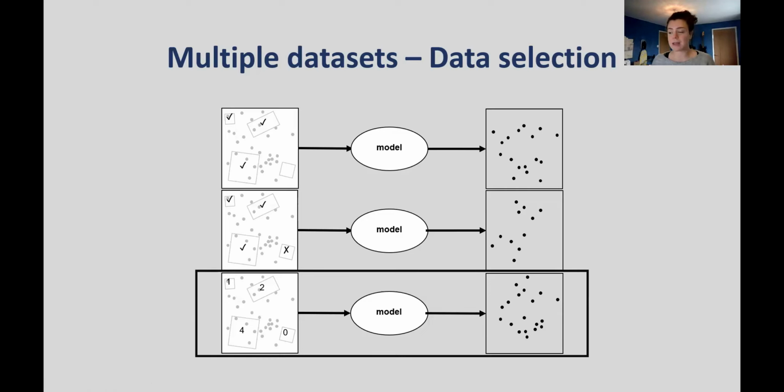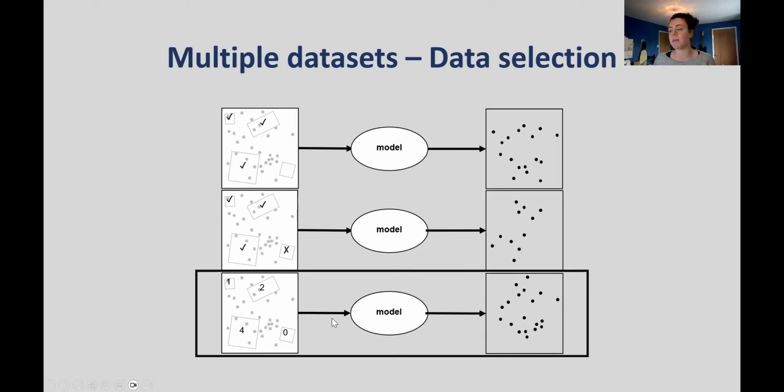In this case, we would usually pick the one with the higher information content. So in this case, we've got 3 datasets, a presence-only dataset, a presence-absence, and an abundance dataset. We will probably go with the abundance one because it contains the most information. The problem with this is that it discards a lot of the information available. These 2 datasets are not going to be able to contribute to the analysis.